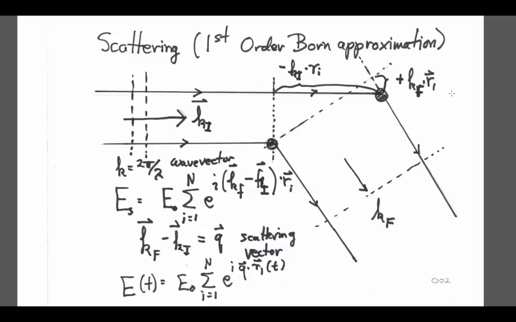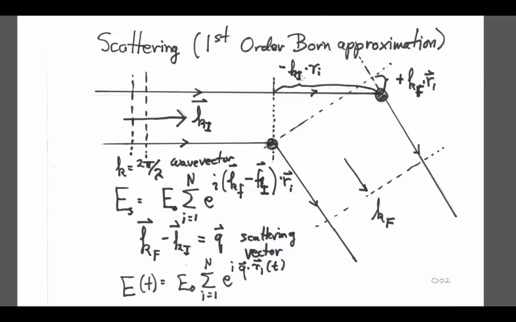Its path length is longer on one arm, namely, it has to advance a further distance parallel to k sub i, and then it's shorter on the other arm because it doesn't have to move as far along the k sub f direction. The net result of this is that there are a couple of phase shifts.